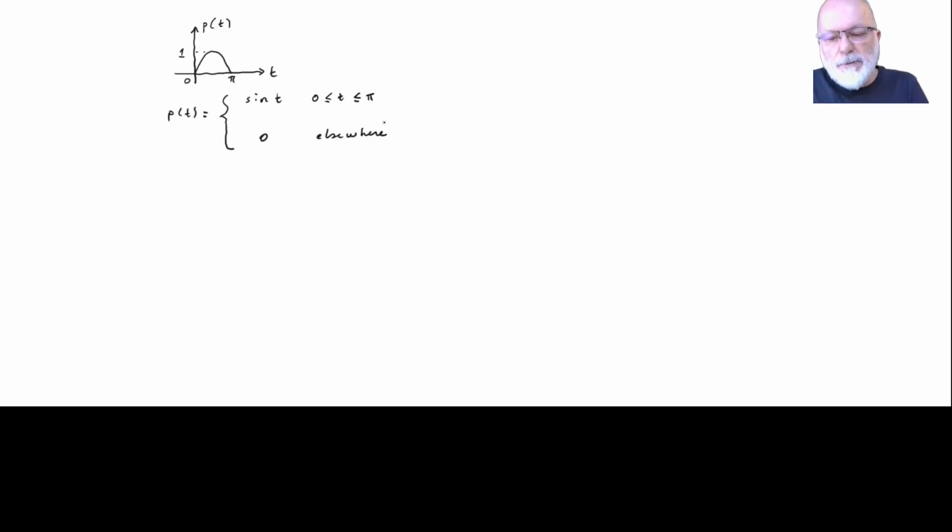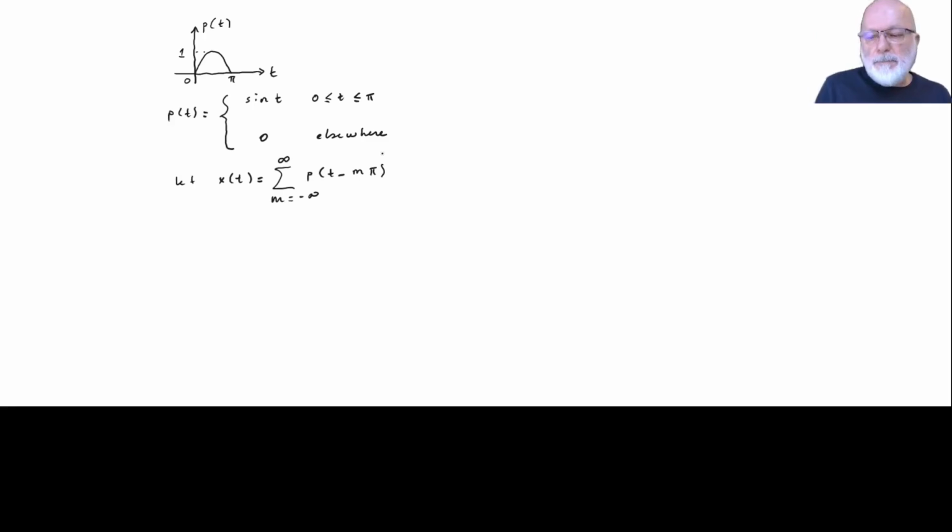Now we can obtain a periodic signal from this p of t as follows. Let x of t be equal to the sum over m from minus infinity to plus infinity of p of t minus m pi. In other words, we have the periodic extension of p of t with a period equal to pi.